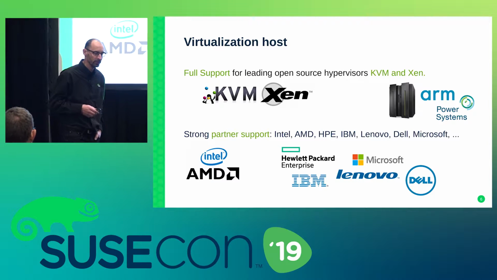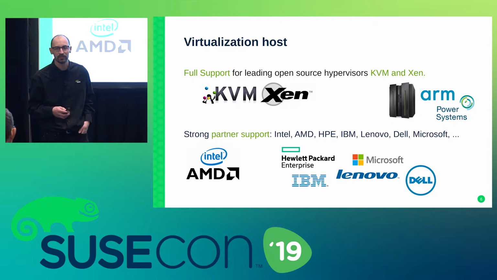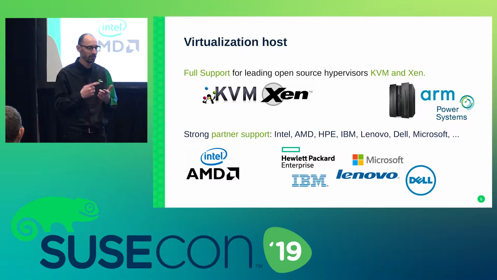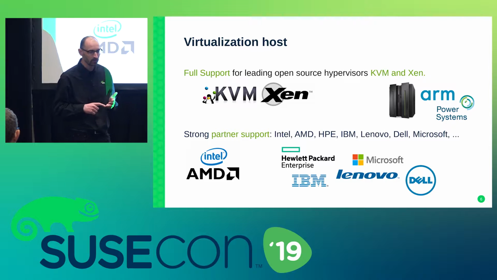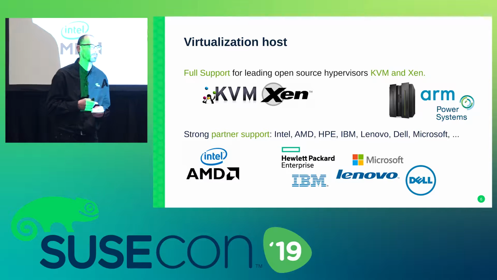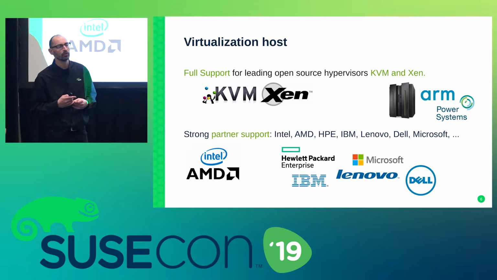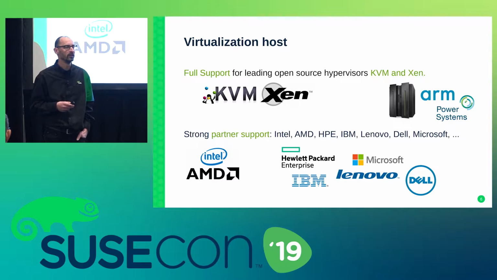Regarding architectures, you know that SLES supports 4 major architectures. It's Intel AMD, IBM Power, IBM Z, and ARM. We do support SLES virtualization solutions on all 4 of them, but that's actually one difference when it comes to hypervisors, because KVM is spanning all of them. So we do support KVM on all 4 architectures, and Xen is only supported on Intel AMD, at least for now.